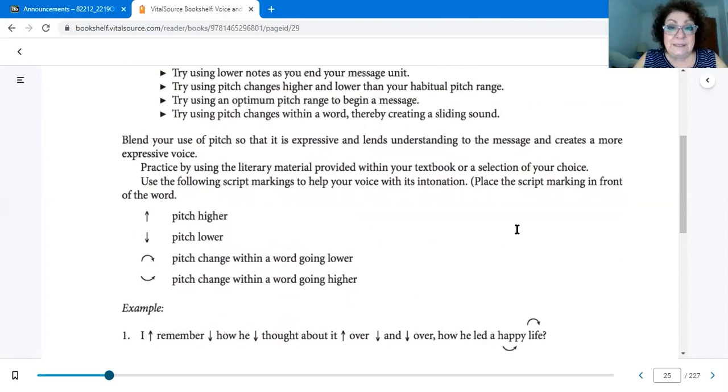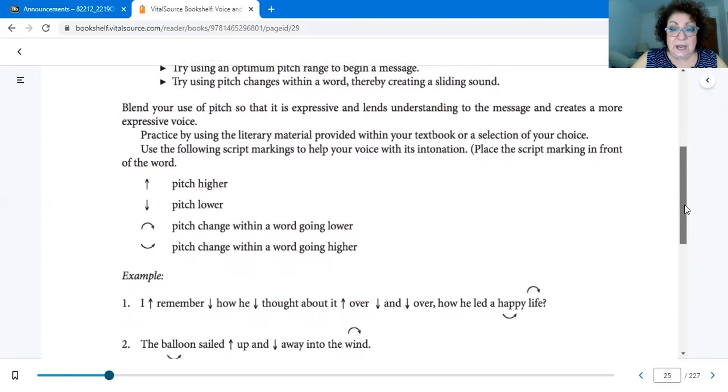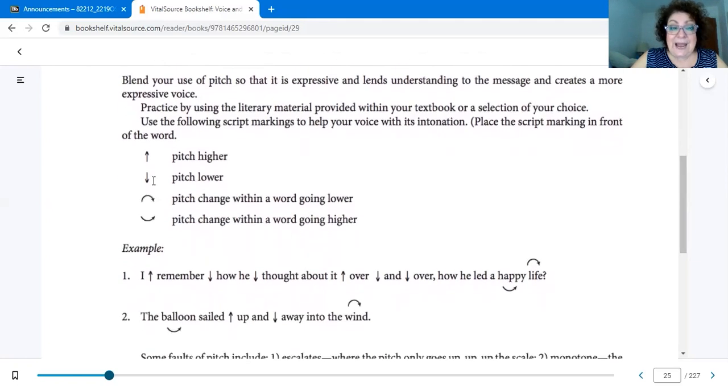But when you're handing me or submitting to me a manuscript, I understand that everyone can't find these. I'm unaware of where they are in your Macs. In PCs, they're under symbols. That's how I typed the book. Okay, so you place an arrow before the word you want to raise your pitch.